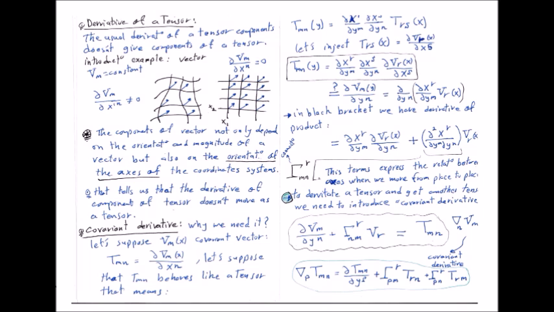So injecting this dy^n over ds in the previous formula, one of the derivatives goes with dy^n, so I get the second derivative d^2y^n over ds^2 plus gamma^n_mr dy^m over ds multiplied by dy^r over ds. And this is a tensor because we take the covariant derivative.